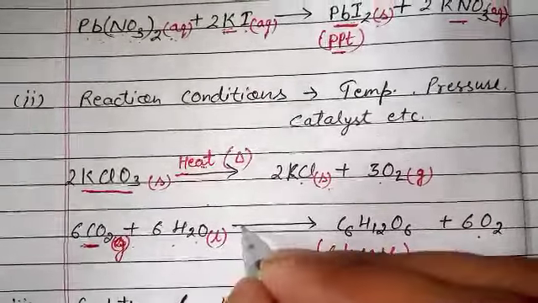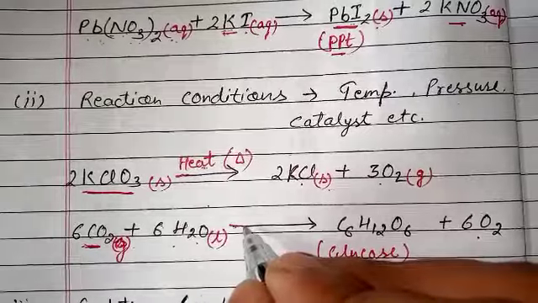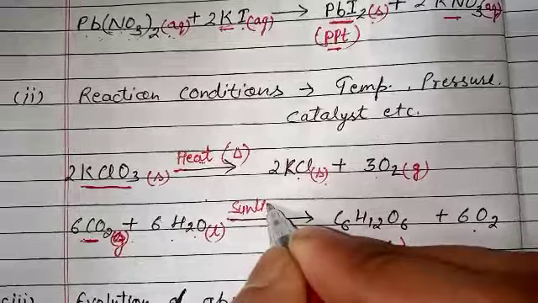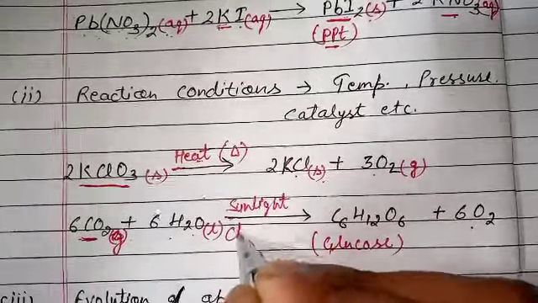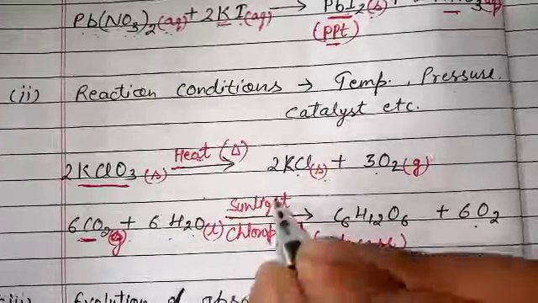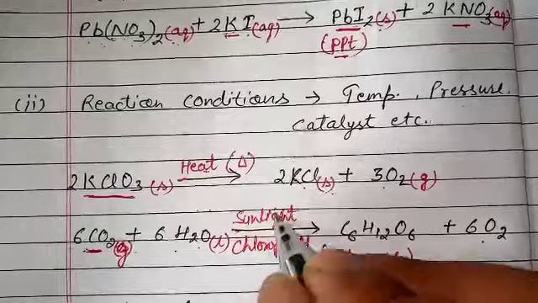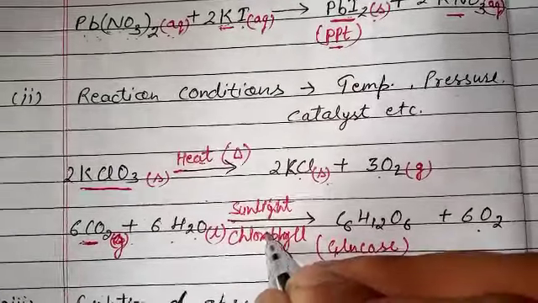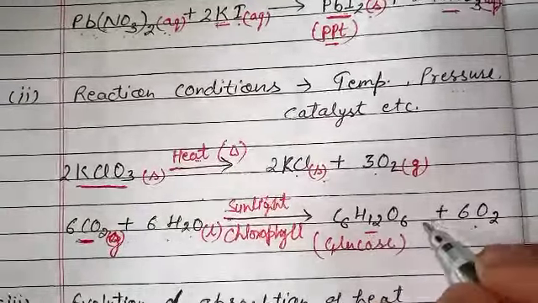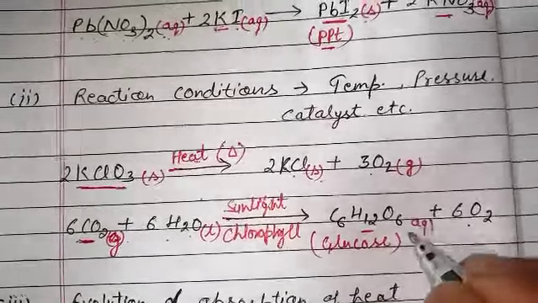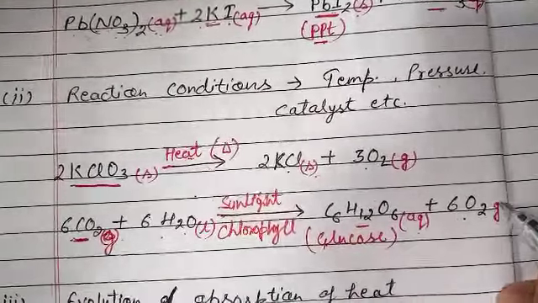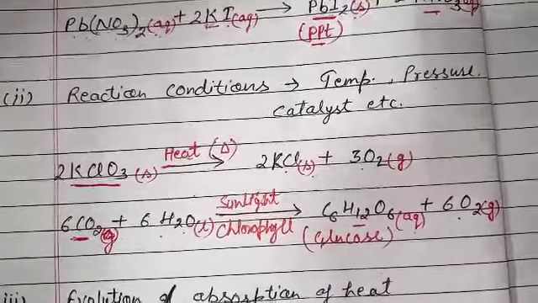Okay, this process takes place in the presence of sunlight and chlorophyll, so we will write sunlight and chlorophyll here. So these are the necessary conditions which are written above or below the arrow. In this reaction the glucose, or the starch or carbohydrate, is formed in the form of an aqueous solution, so we will write AQ here, and the oxygen in the form of gas, so we will write G here.